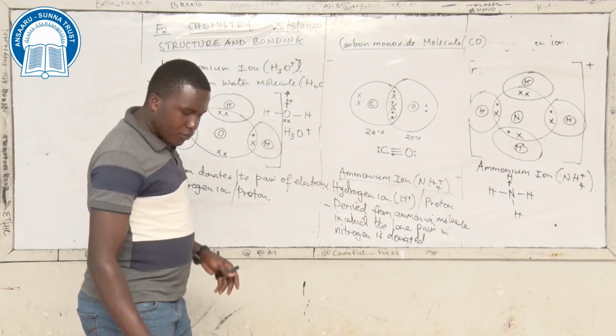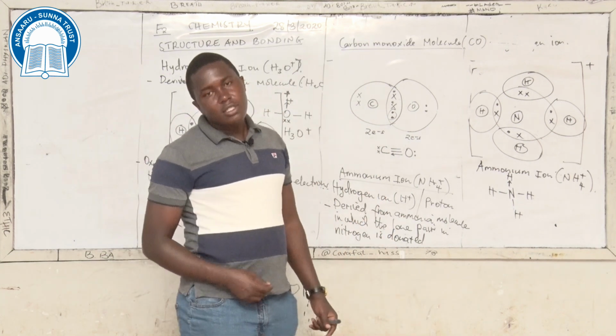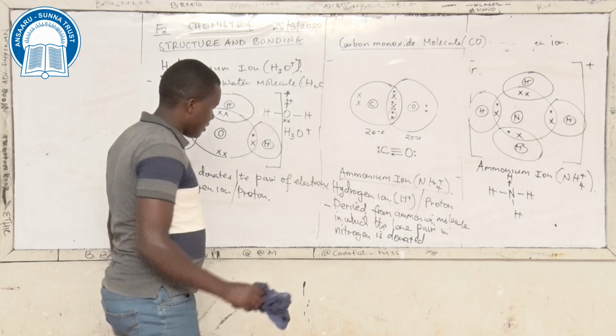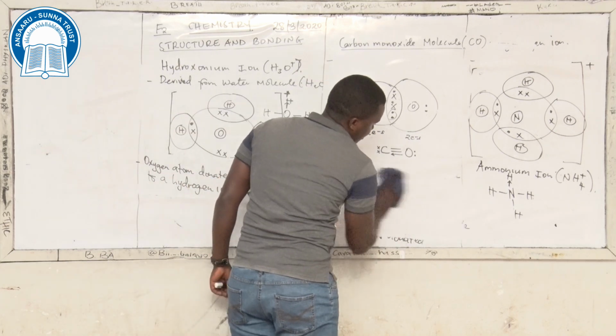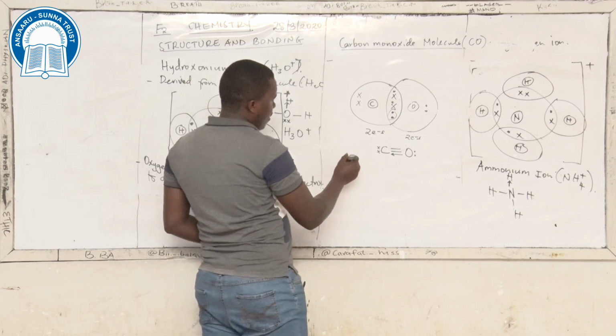I want us to move to the types of structures that are formed out of covalent bonding.